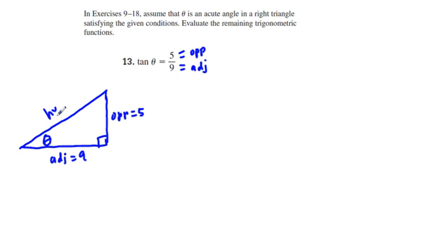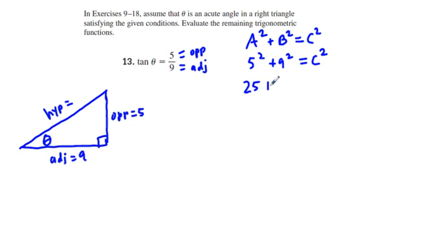So our hypotenuse we find by taking, again, a squared plus b squared equals c squared, which is going to be 5 squared plus 9 squared equals c squared, which is 25 plus 81 equals c squared. And 25 plus 81, that's going to be 106 equals c squared.